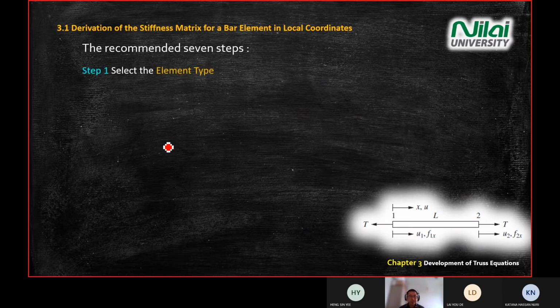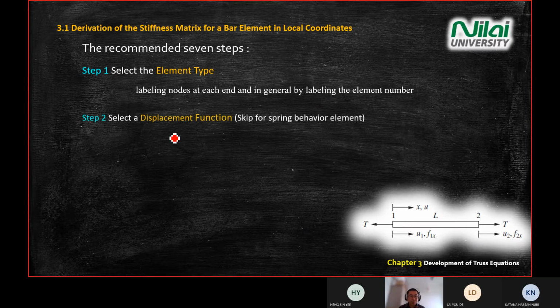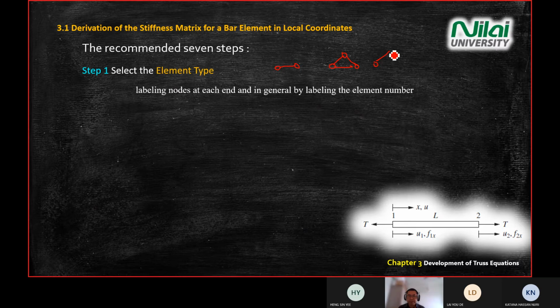Step 1, select element type. So again, what do we mean by element type? You have 2 node element. You have 3 node element. You have more than 3 node element. You have 3-dimensional element.